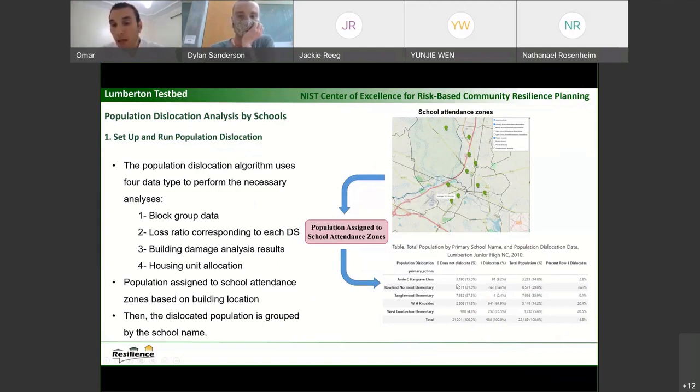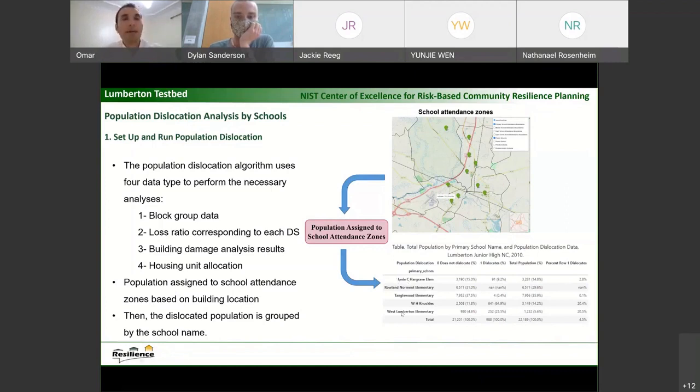So, for example, he has the number of not dislocated and dislocated population, the total population, and the percentage of population dislocation associated with each school zone.